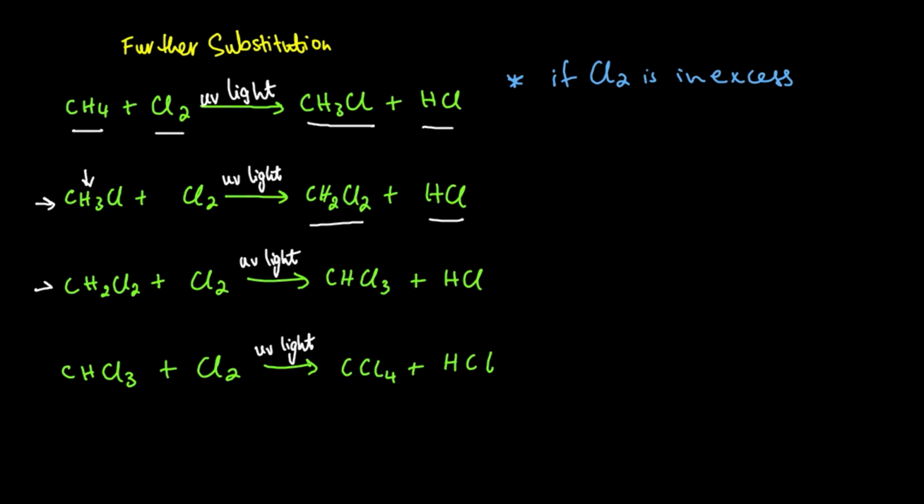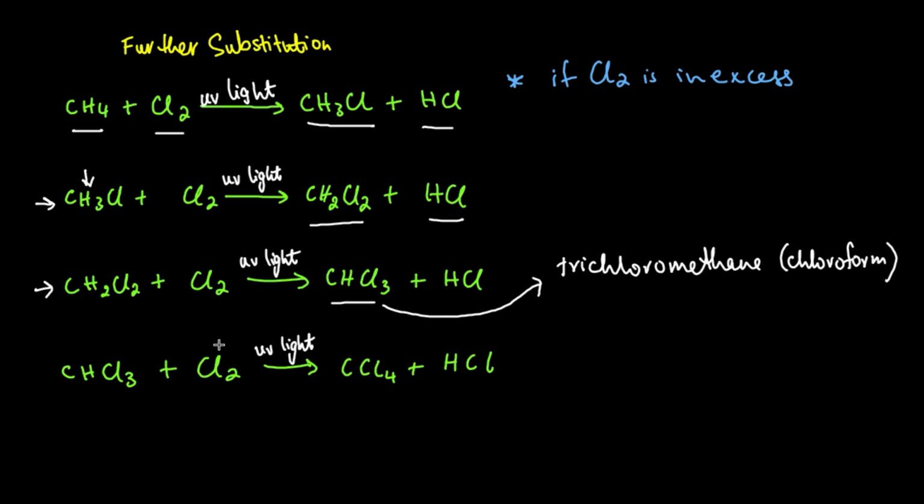Then dichloromethane would react with chlorine furthermore and another hydrogen would be replaced and that will produce trichloromethane, and this is given a special name. Trichloromethane is more commonly known as chloroform.